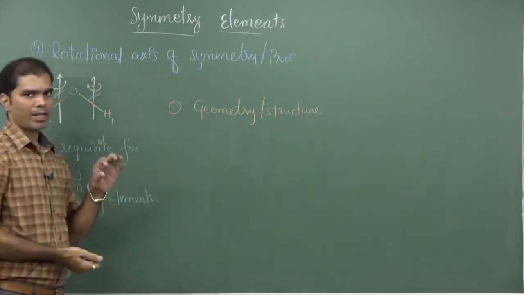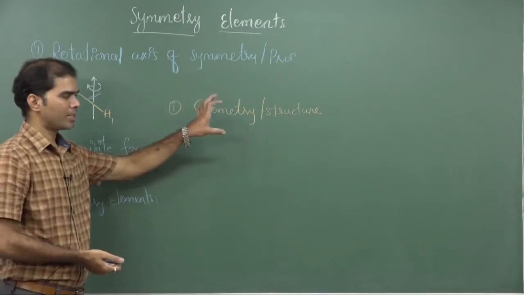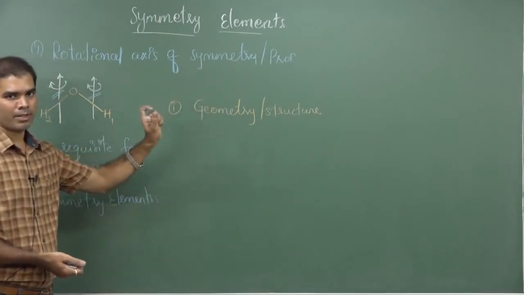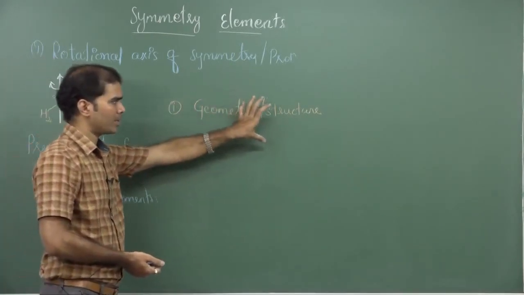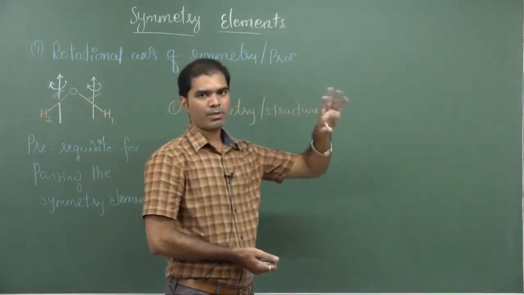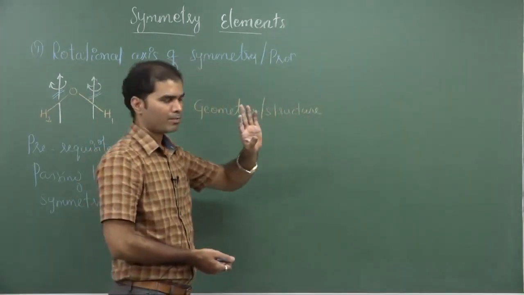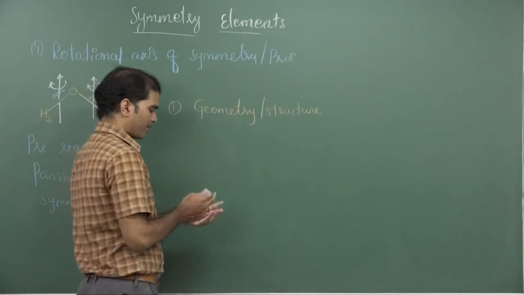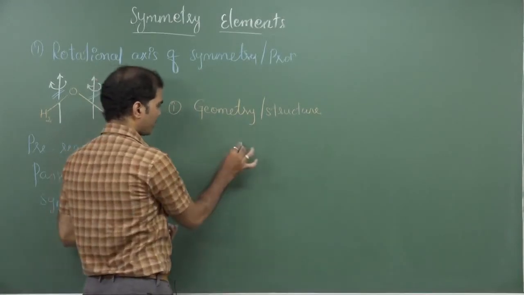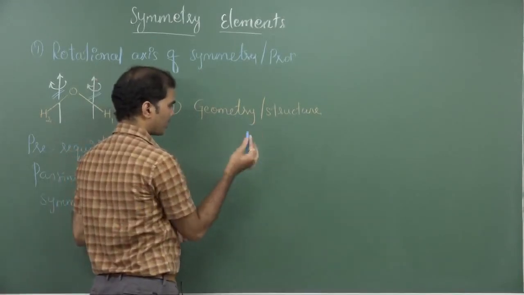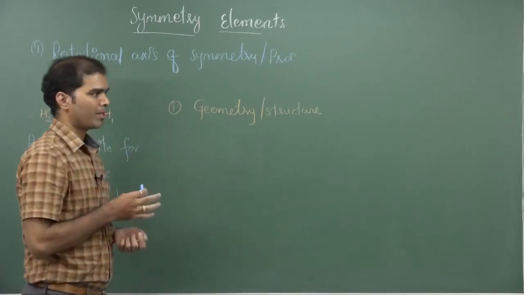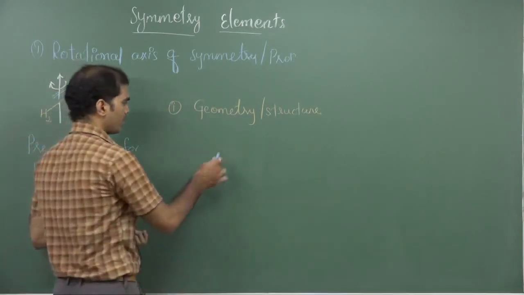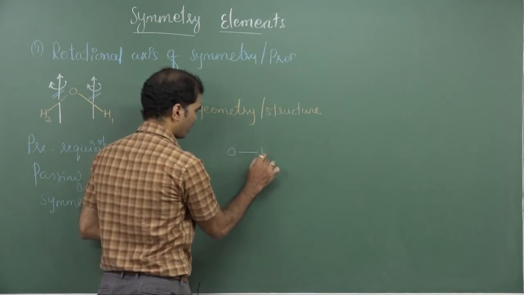You should have an idea about the geometry or structure of that particular molecule. Without knowing it, you cannot operate any symmetry element over it, because you will end up with a wrong answer. For example, I ask you what the symmetry elements present in a water molecule are. Then as a student, I will draw this structure.